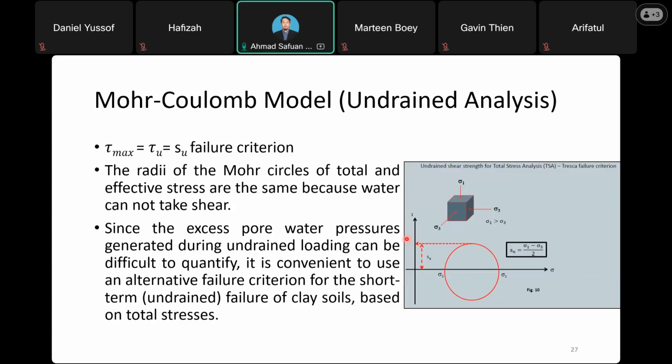That means, to determine what the strength will be by neglecting the effect of the pore water pressure, tau max is equal to the radius of the Mohr circle for this undrained analysis.